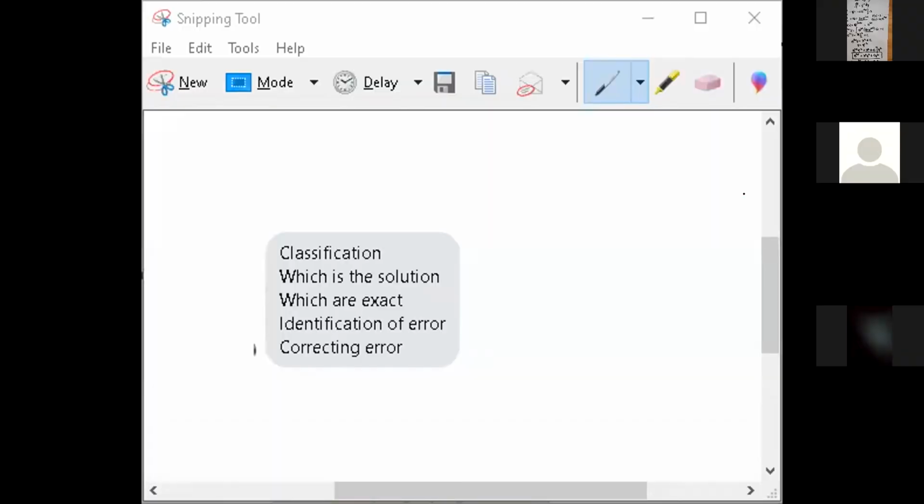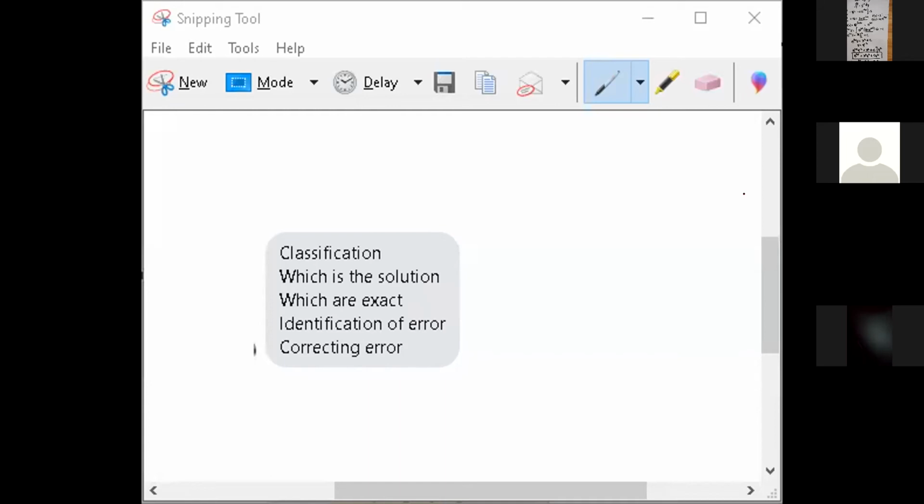Okay, class. This one. Ayan. So, be careful with this one. Meron kayong mga exam na questions na tatanungin kayo about classification, which is the solution. So, probably you are given an equation and then the choices are solutions. So, you need to find which among the choices is the solution of the given differential equation.